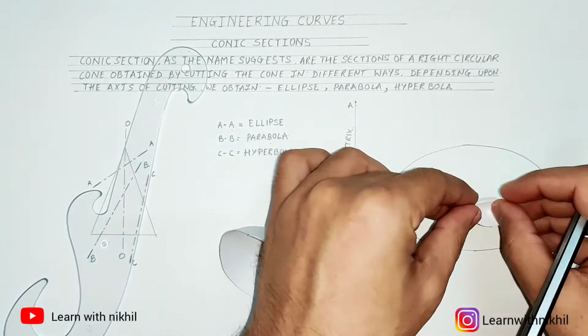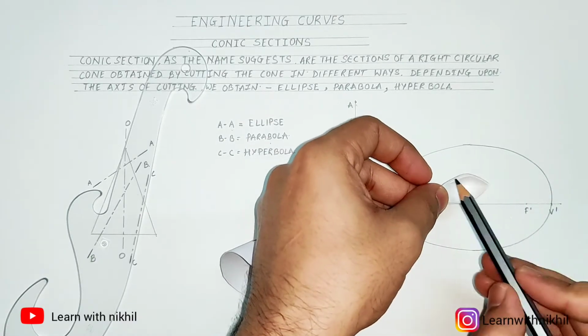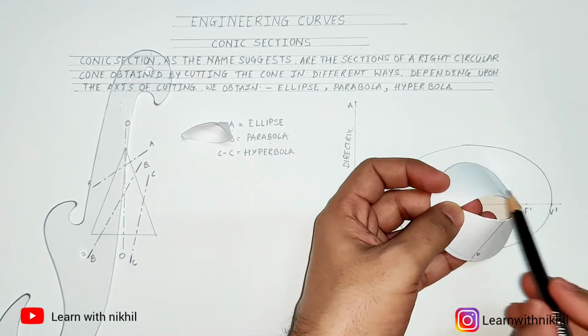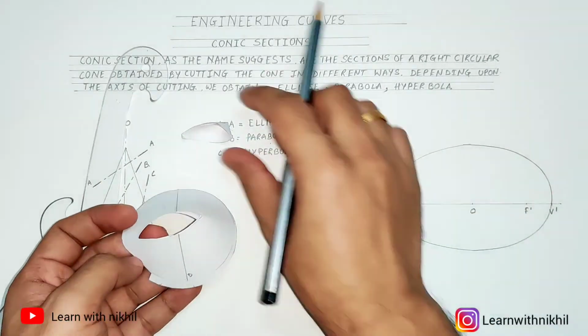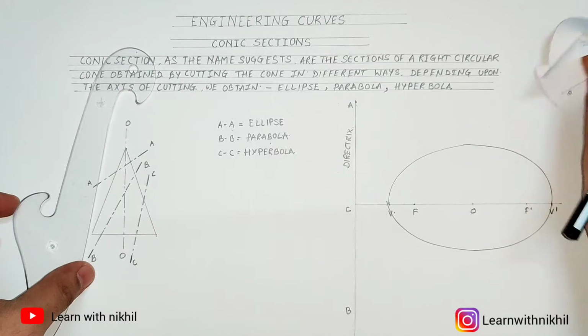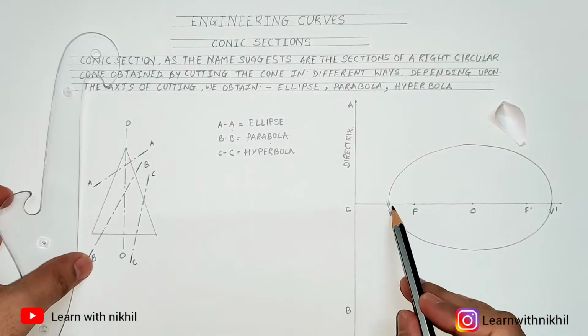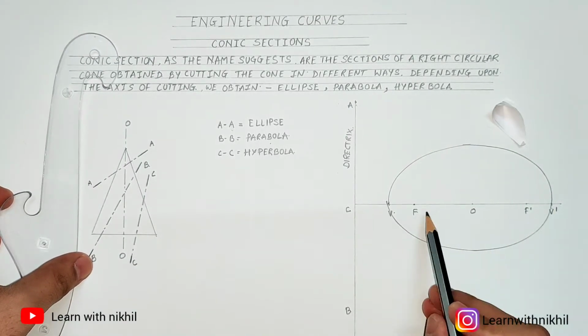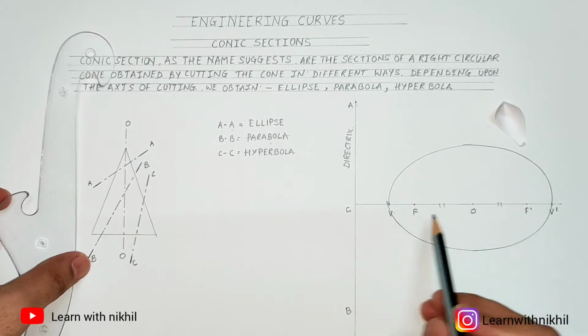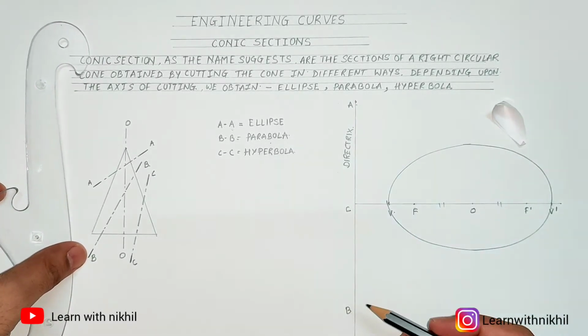So this cutting plane, this shape looks like an ellipse. As mentioned earlier, it is between the vertices and the distance OF and OF dash is equal.